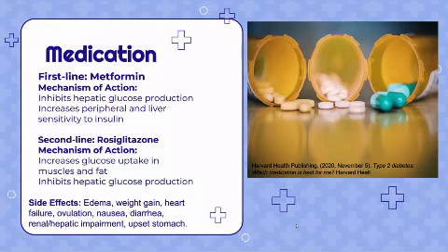Educate Mrs. Sampson about diabetes, its complications, and the importance of adherence to treatment plans. Regular follow-up appointments should be scheduled to monitor her progress and make necessary adjustments to the treatment plan. It's crucial to address both the immediate symptoms and long-term management to prevent complications. This is the end of our presentation, and thank you for listening.